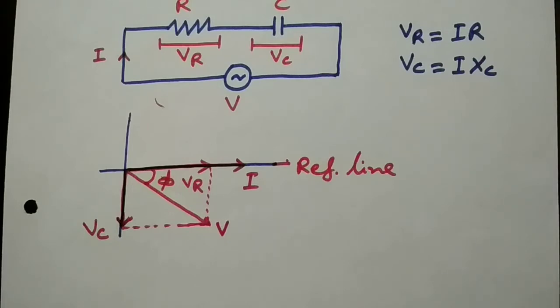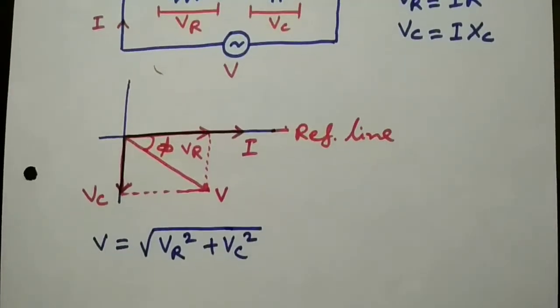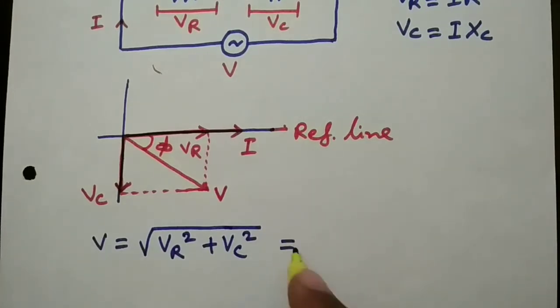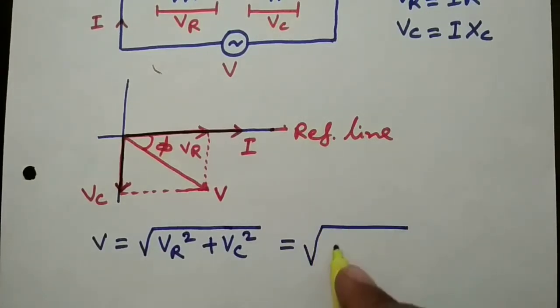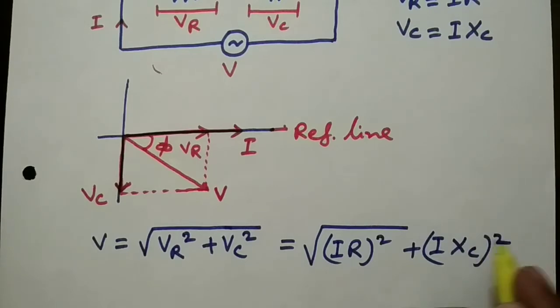Now from this phasor diagram we can write V is equal to square root of VR square plus VC square, or it can be written as square root of (IR) whole square plus (I into XC) whole square.